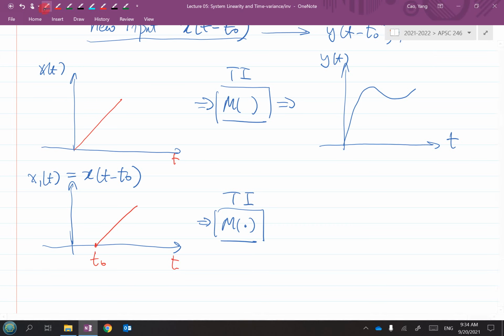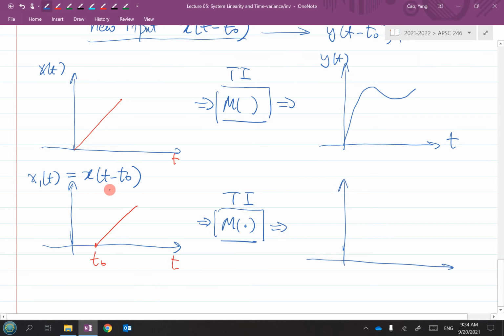Then, because the system is time invariant, technically you don't even have to do any experiment at all. Somebody says, here's my system, here is the new input, can you tell me what the output is?